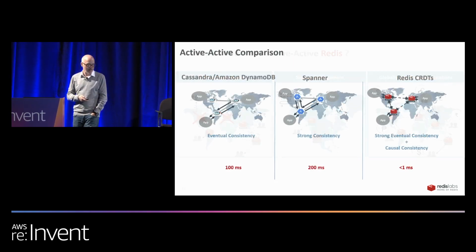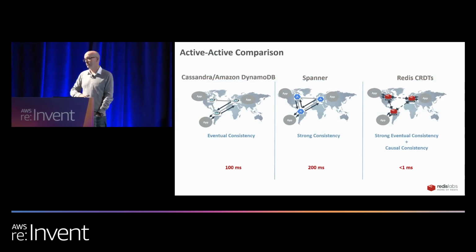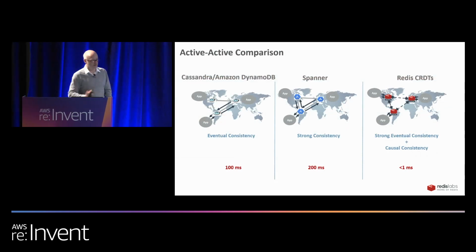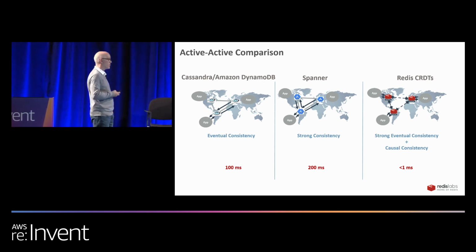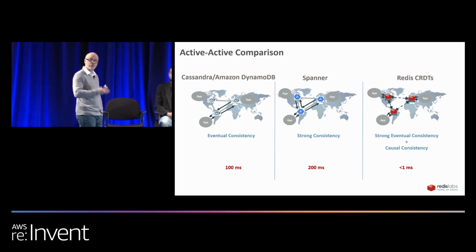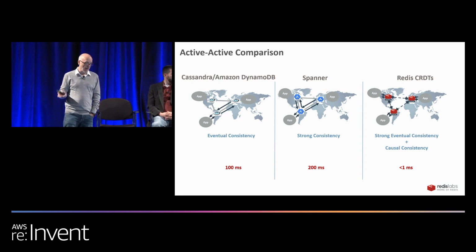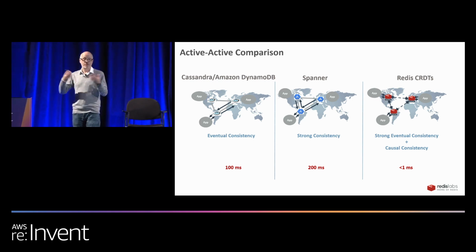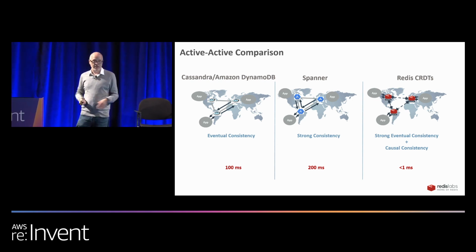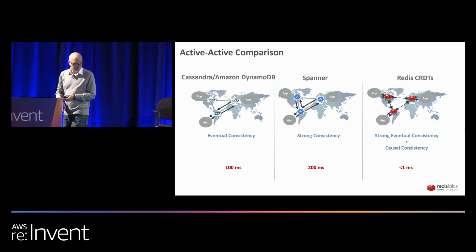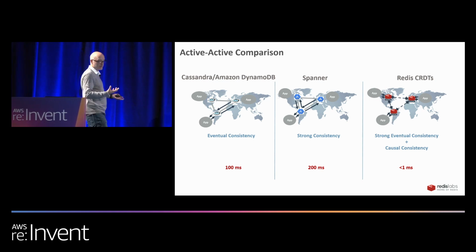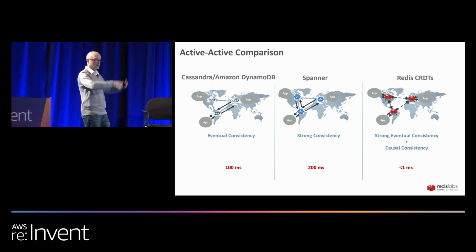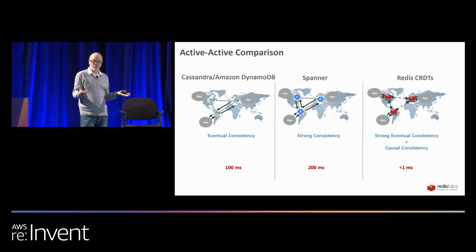How does this compare to other solutions out there? There are a ton of other ways of doing this. You've got systems like Cassandra and DynamoDB that do eventual consistency. And they will coalesce the values to the same state, typically around about 100 milliseconds. Then there's technologies like Spanner, which do strong consistency, which means that you have to update all the data in every place.